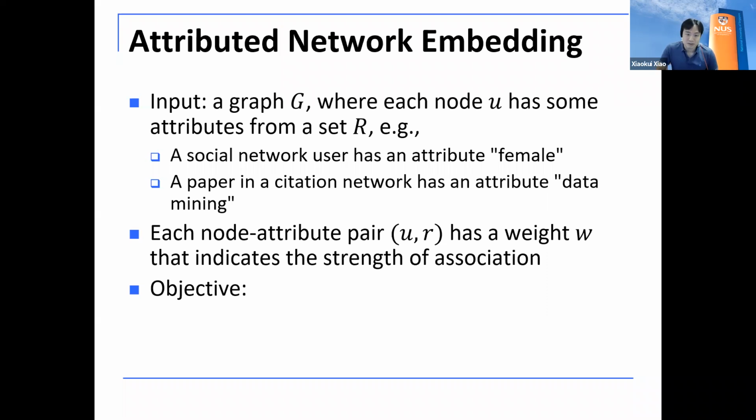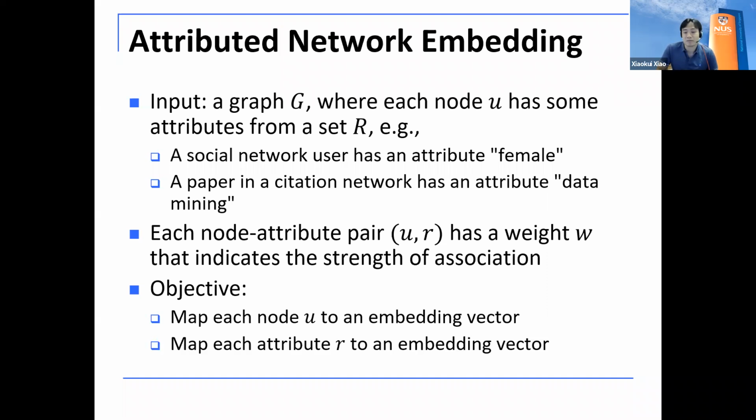And our objective here is to map each node U to an embedding vector and also map each attribute to an embedding vector so that we can perform some analytical tasks using the vectors.